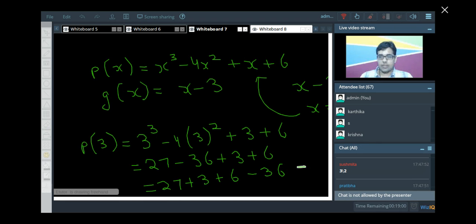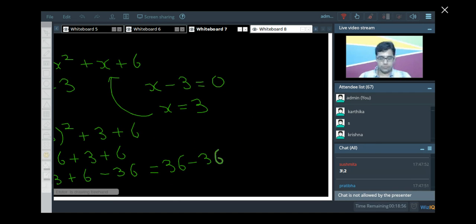It is 36 minus 36, that is becoming 0. The remainder is 0 for this given example. Therefore, we can say that x minus 3 is a factor of this given polynomial, or g(x) is a factor of this given polynomial p(x).